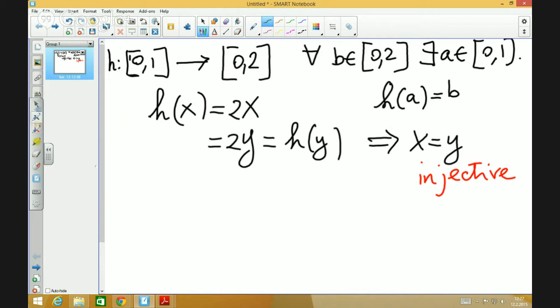So far, so good. Is it surjective? Yeah, suppose I want to get the point B in the interval 0, 2. What is the argument that I should plug into H in order to get B as an output?